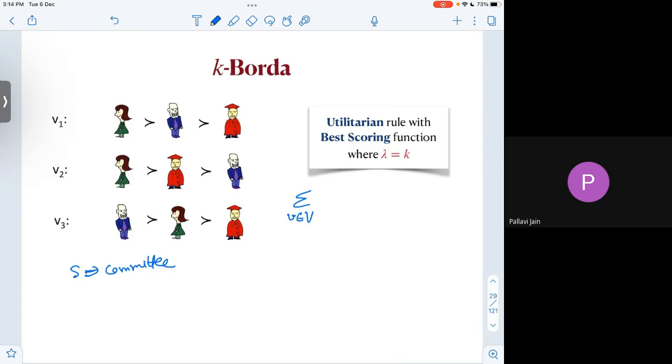Then what will I do? I'm just writing both the summations: summation i equal to 1 to k, and then m minus pi of v. This is the thing, right? But if you notice, this is linear because of the linearity of summation.